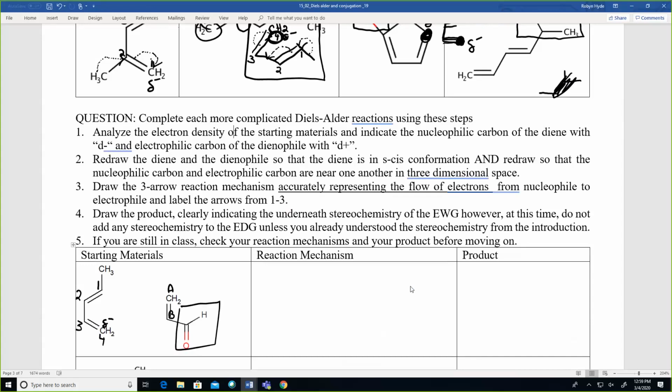A. So then, how do I draw my arrows? The first attack must always be most negative to most positive. So what is arrow 1? Negative to positive. That's arrow 1.